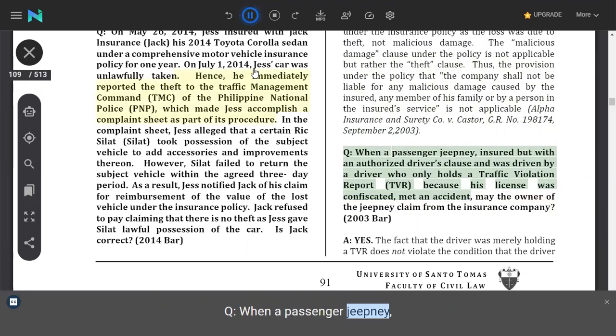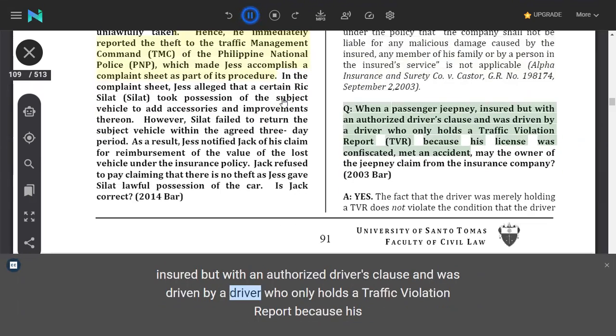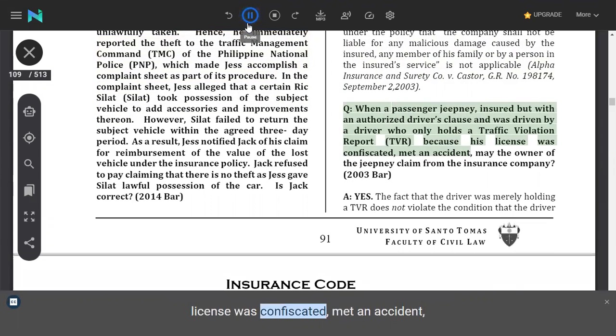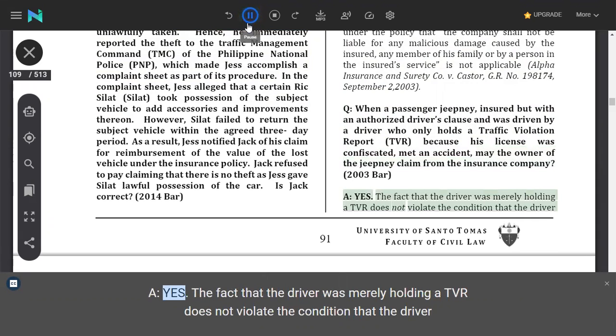Q. A passenger jeepney, insured but with an authorized driver's clause, was driven by a driver who only holds a traffic violation report because his license was confiscated, and met an accident. May the owner of the jeepney claim from the insurance company? A. Yes.